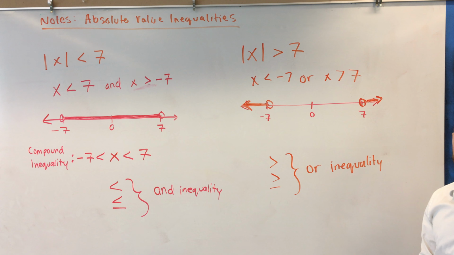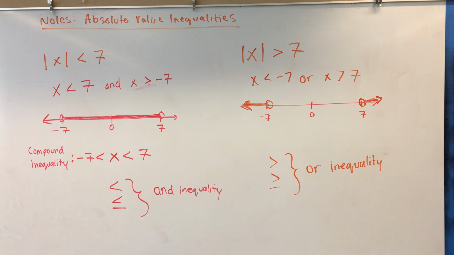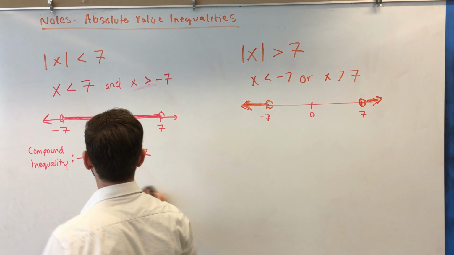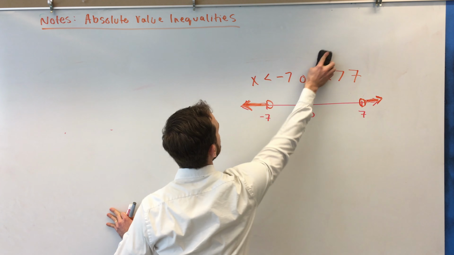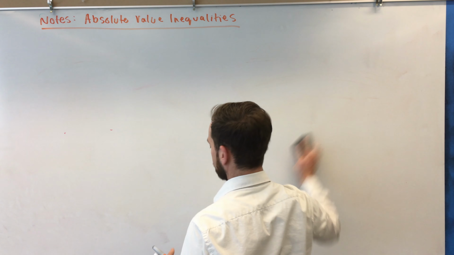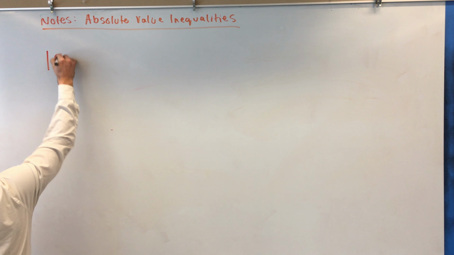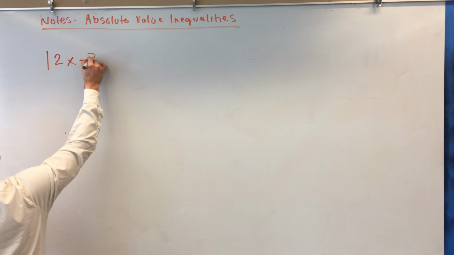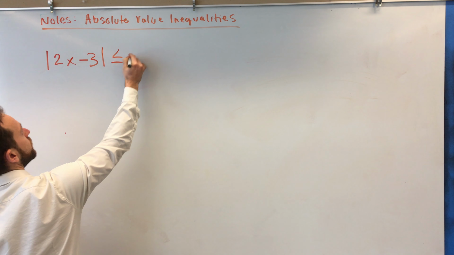Let's try it with a slightly more difficult example now. Let's say you have the absolute value of 2x minus 3 is less than or equal to 7.